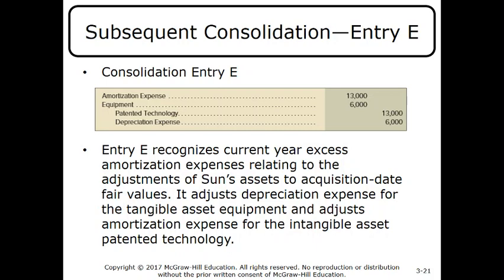Okay, the only other entry is when you're going to have what they call intra-entity receivables and payables. And so if you look on page 101 of the book, Exhibit 3.7, and let's see where they talk about this.